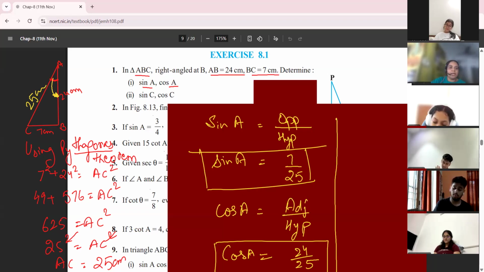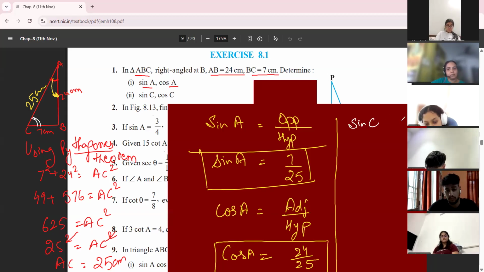Solving the next part, sine C. So I have reversed my angle here. This is angle C now. But the fact remains the same. Cos is adjacent by hypotenuse. So for this angle C, adjacent is this time 7.